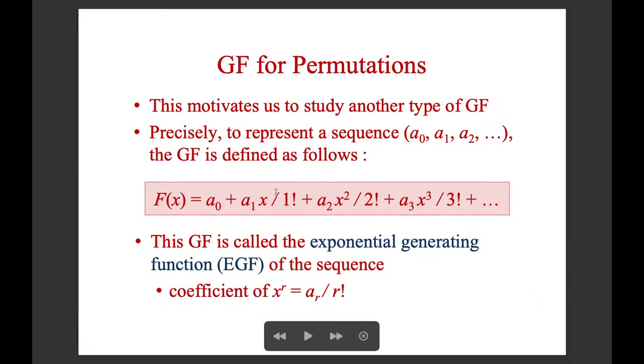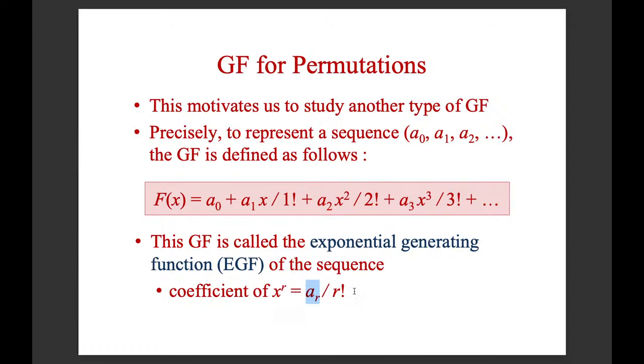So if I want to represent a sequence A0, A1, A2 up to An, instead of multiplying A0 with 1, A1 with x, A2 with x squared, and so on and so forth, we are going to multiply Ar with x to the power r divided by r factorial. Is that okay?